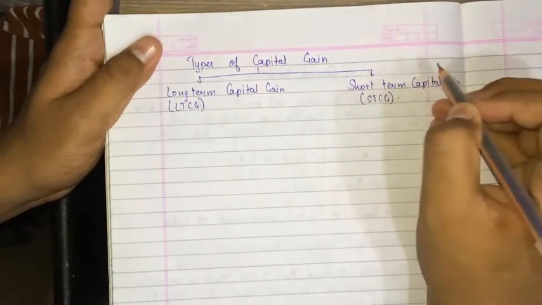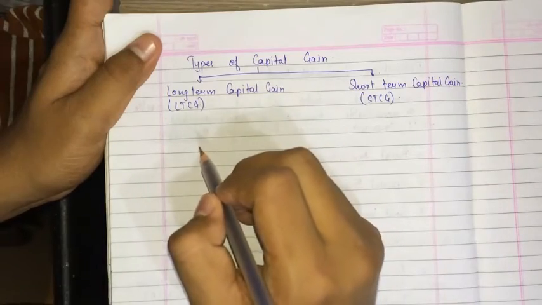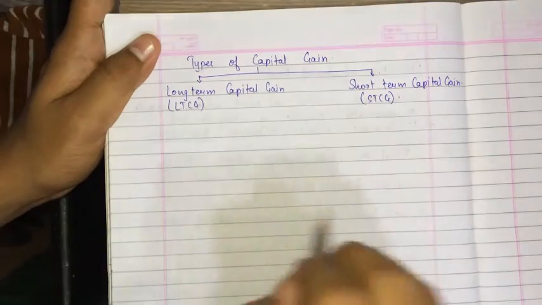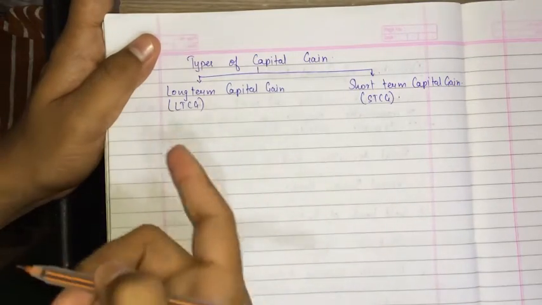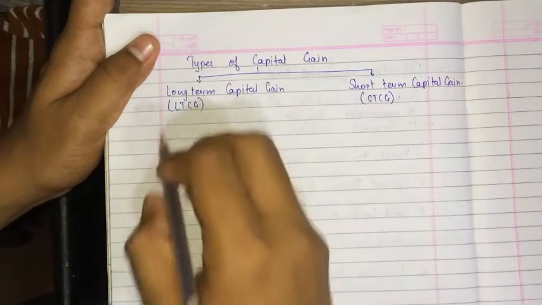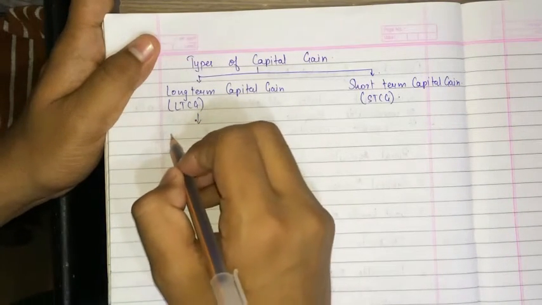How to determine an asset is a long-term capital asset or a short-term capital asset, and after that when we sell such asset, do we incur a long-term capital gain or a short-term capital gain, that we have to determine. So let's see.